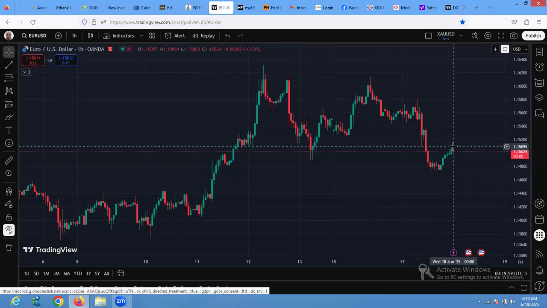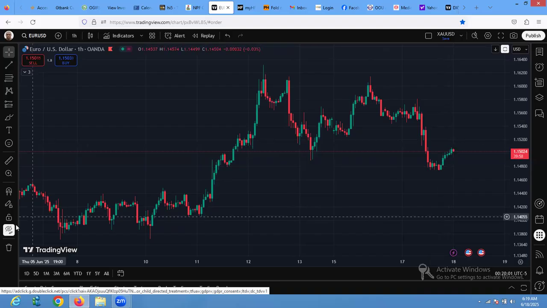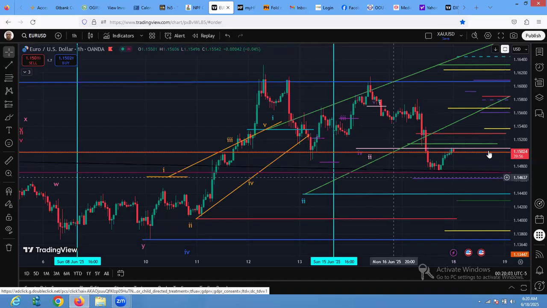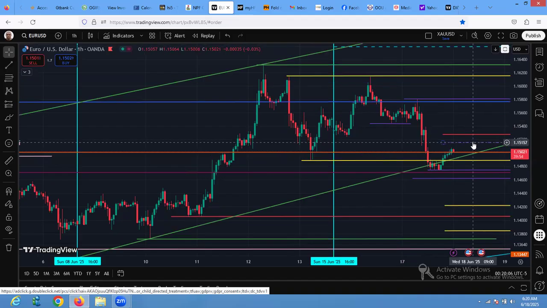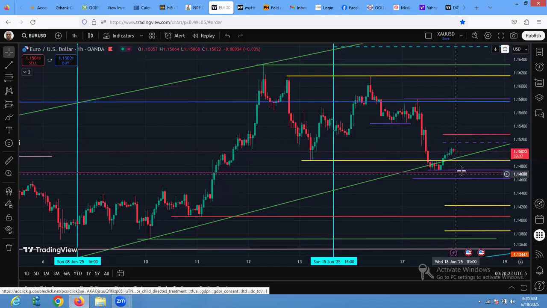So the 4th wave, if it's the 4th wave, I expect that around this area, price will react without breaking 1.15280. So on a breakout of here, our shallow buy, we have to put the stop loss around this area.